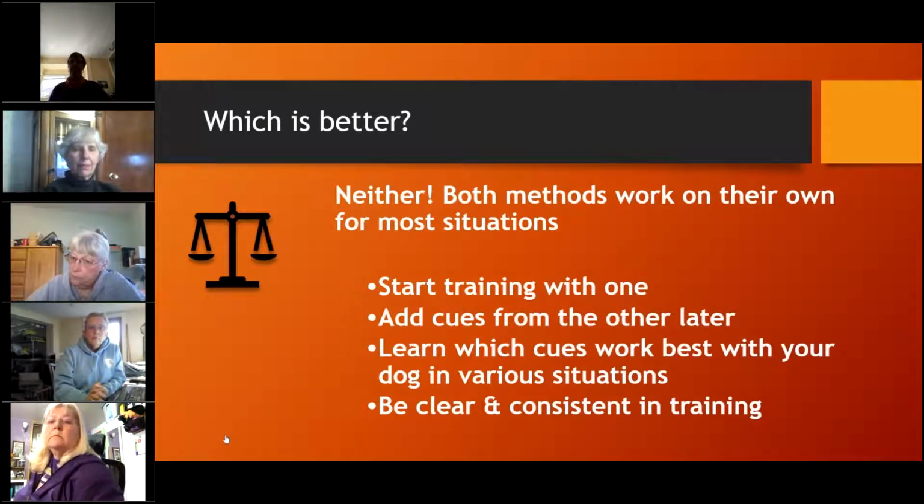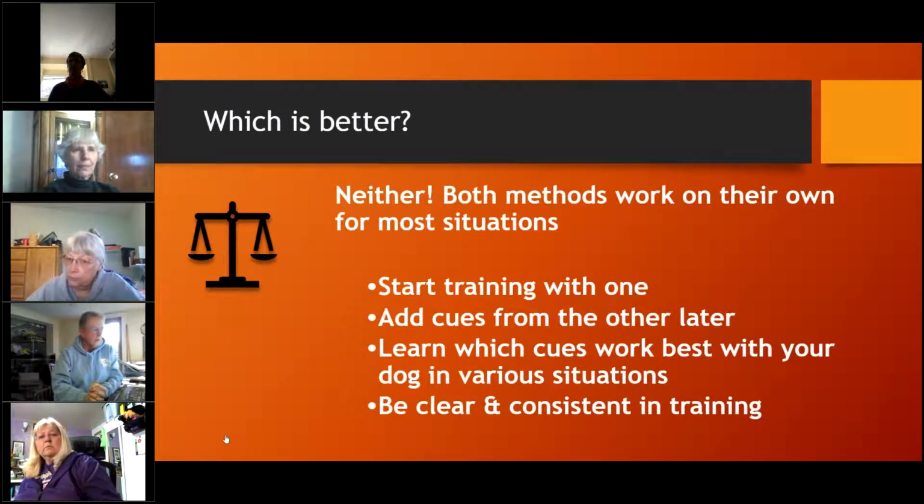And then you're going to find down the road, you're going to start adding cues from the other system because it starts to make sense. Those of us who are using a circular system, we're using aways and come-bys. Sooner or later, we end up in the situation where the dog's further out on the field, and we really need them to move straight in toward us, so we use some sort of walk-on cue.